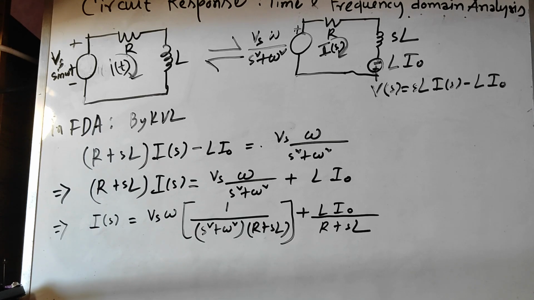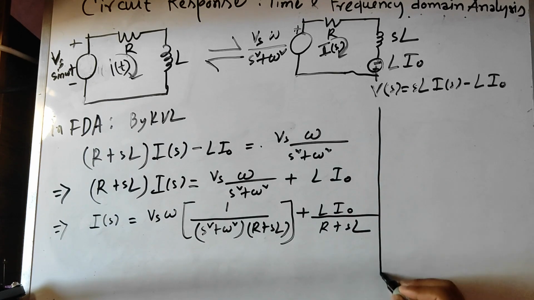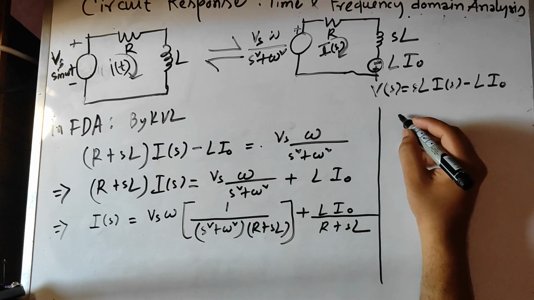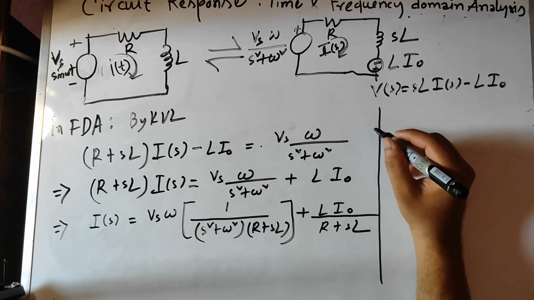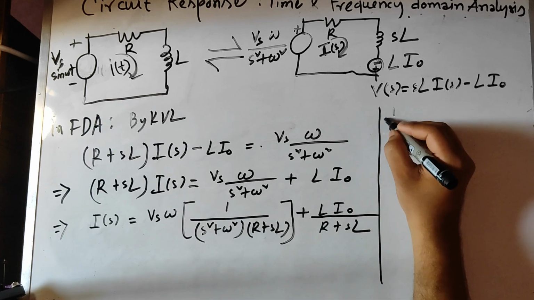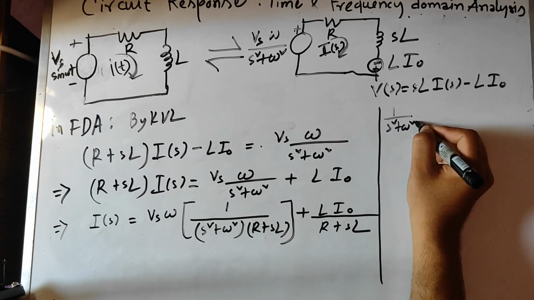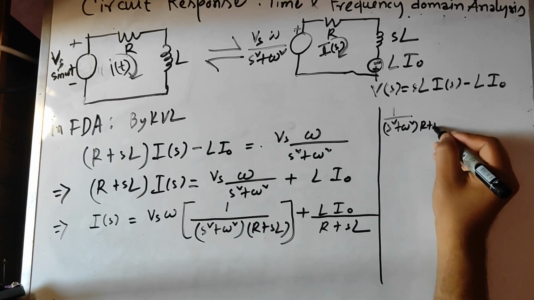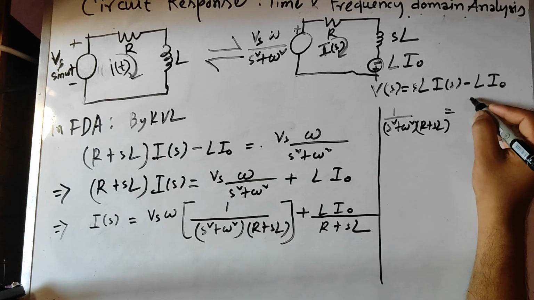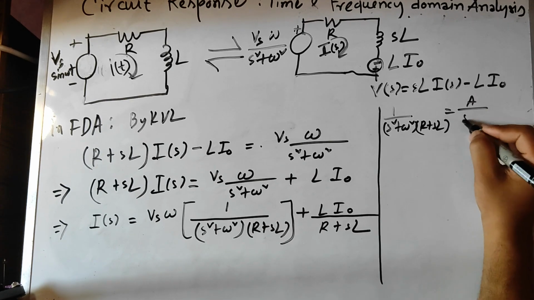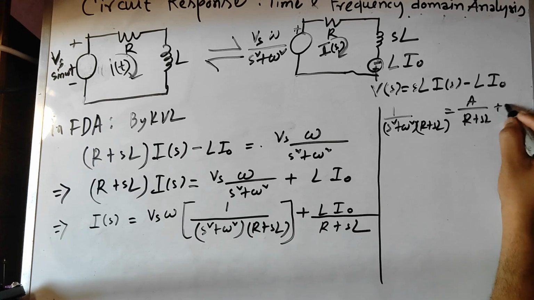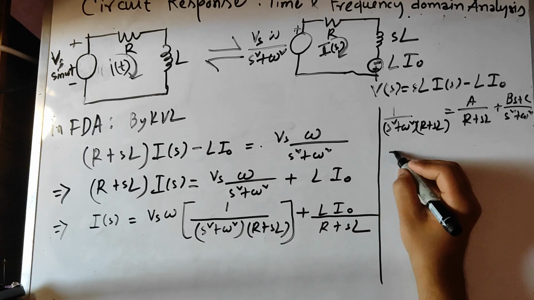So let us break this term into partial fractions. Say the term 1 by (s square plus omega square)(R plus sL) is of the form A by (R plus sL) plus (Bs plus C) by (s square plus omega square).